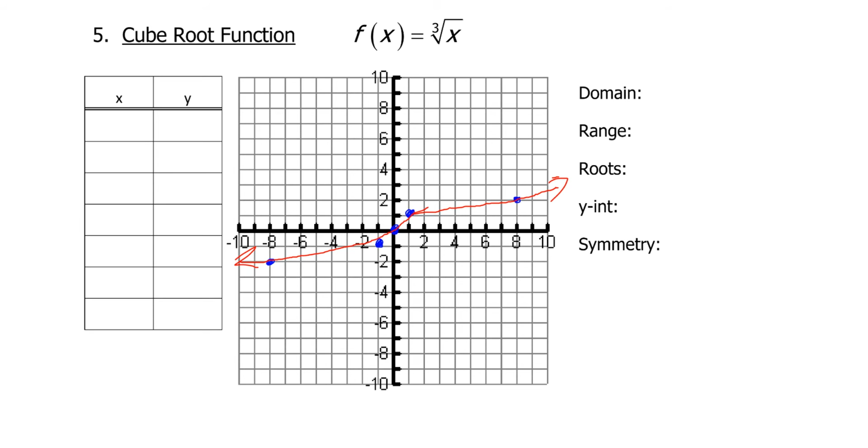As we can see, the domain for this is going to be negative infinity to infinity. The range is negative infinity less than y less than infinity. The root is x equals 0, and the y-intercept is y equals 0. Again, the symmetry for this is about the origin.